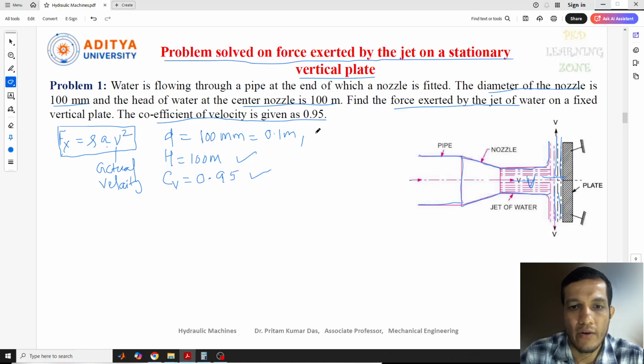Anyway, first we will find out the area of the nozzle. Here the nozzle diameter is given, so the area of the nozzle we can calculate.